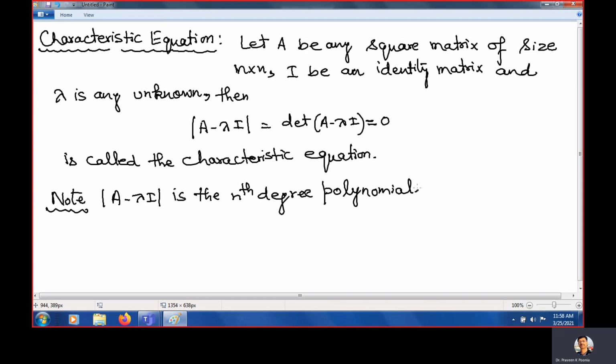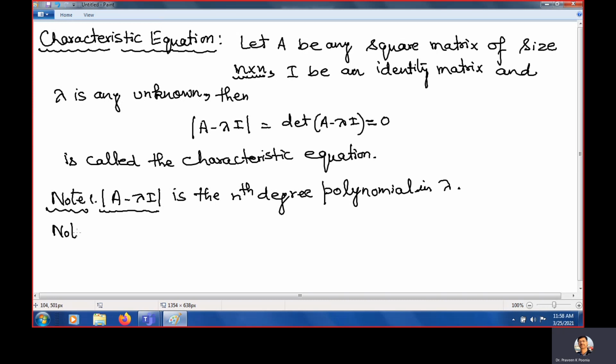Why nth degree? Because A is an n by n square matrix. So if we expand this determinant, it is an nth degree polynomial in lambda. Clear? This is note number 1.